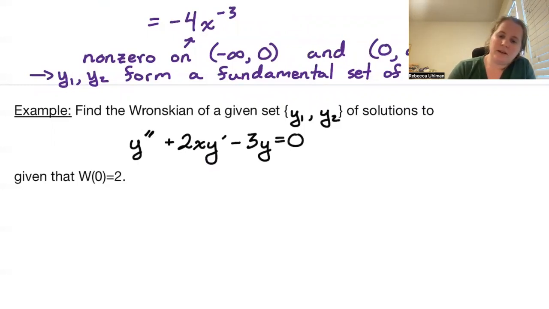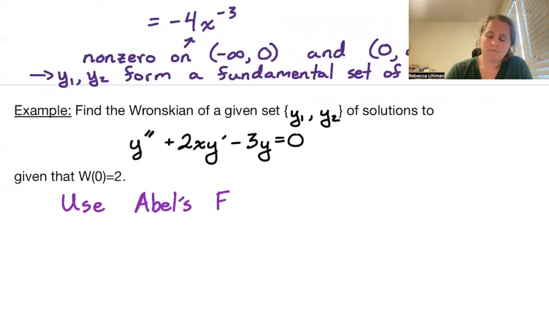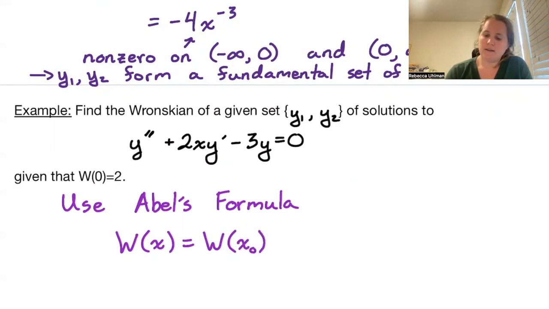So for this, we're going to have to use Abel's formula, since we don't actually know y1 and y2. So we will use Abel's formula, which stated that the Wronskian at any point was equal to the Wronskian at a specific point, x naught, times e to the negative integral from x naught to x of p of t dt.